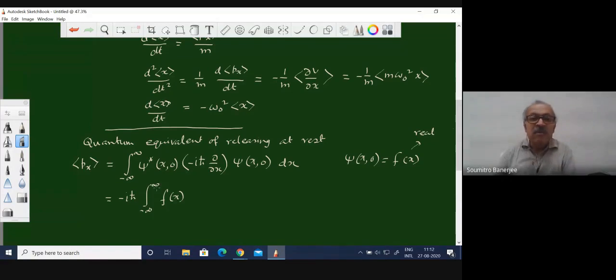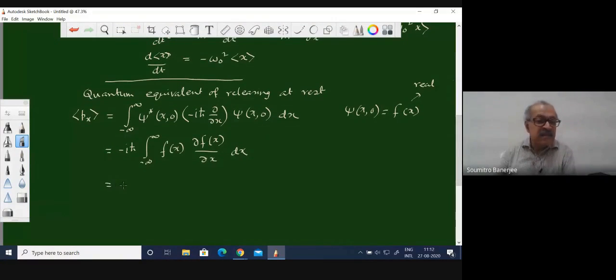Iħ has already come out, and this is f del f by del x. It is clear that minus iħ integral from minus infinity to infinity, this is nothing but a derivative. So this is nothing but half d dx of f squared x.